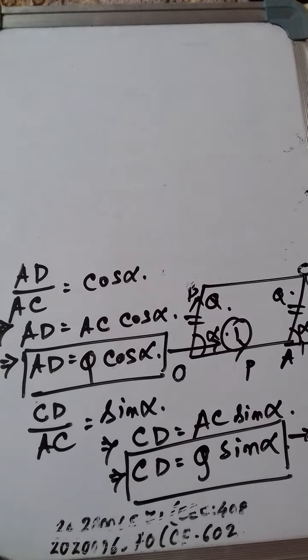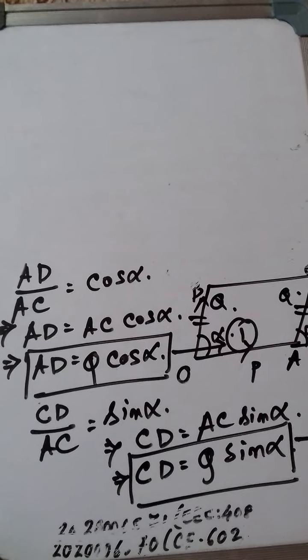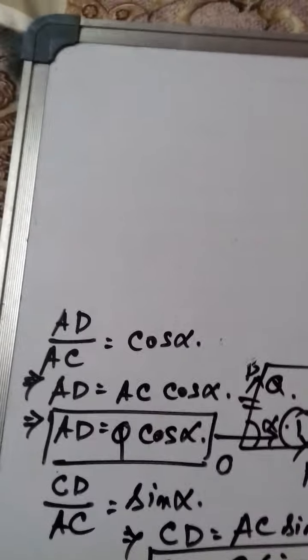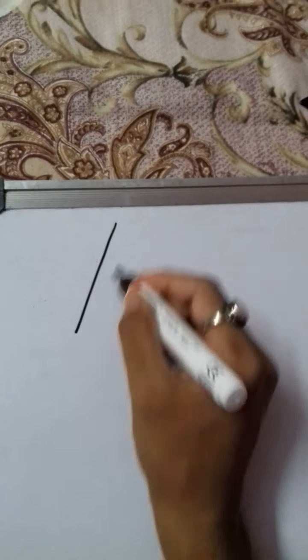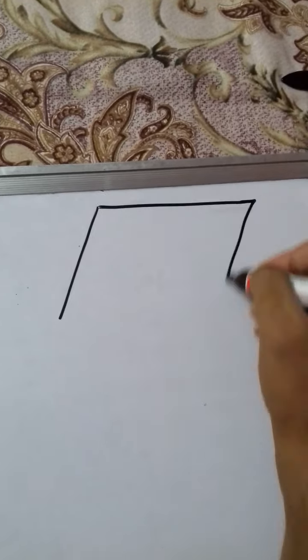Now if we can see this triangle OCD, let us draw this figure once more, then I think it will be easier for all of you. Let us draw the same figure because we will be needing this figure again and again.